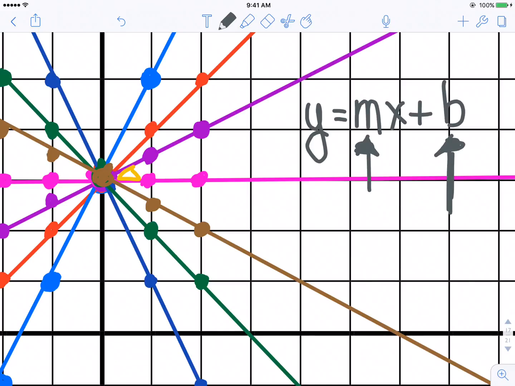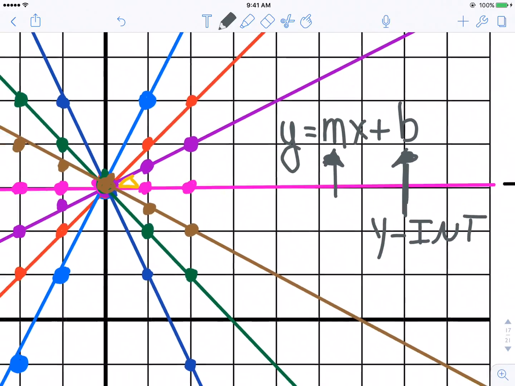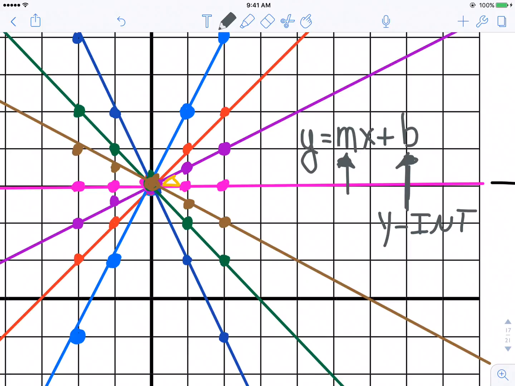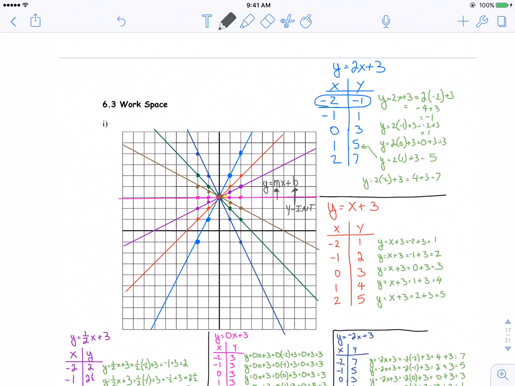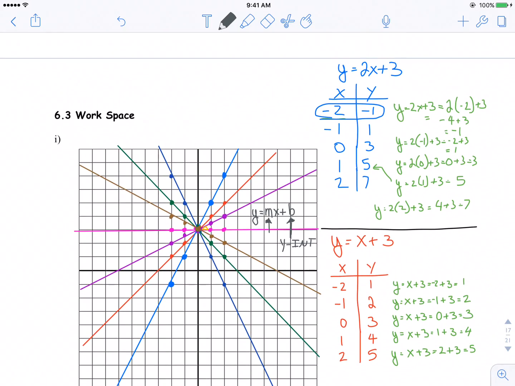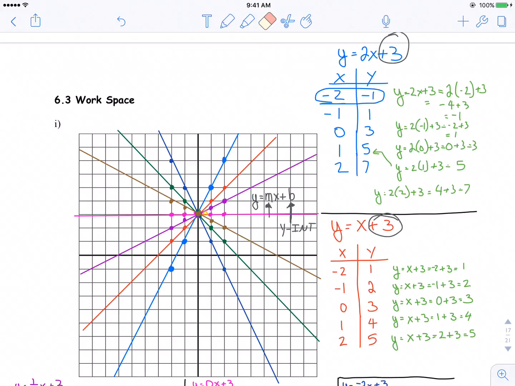If you're given an equation in this format, this b thing is our y-intercept, the place where it crosses the y-axis. How do I know that? Well, the y-intercept is the same for all of these equations. And all of these equations have this plus 3, and so on and so on, plus 3, plus 3, plus 3. Okay? So that's what you should have been able to infer.